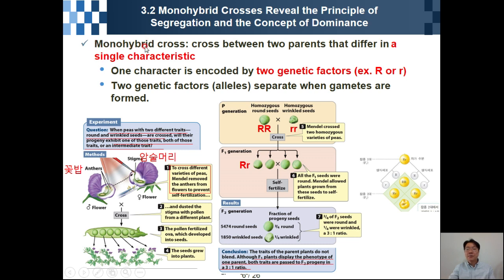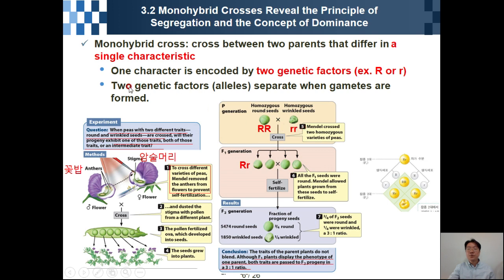So this is monohybrid crosses. One character is encoded by two genetic factors. For example, seed shape is encoded by two genetic factors, for example large R or small r. Homozygous round seeds will be large RR. Homozygous wrinkled seeds will be small rr.